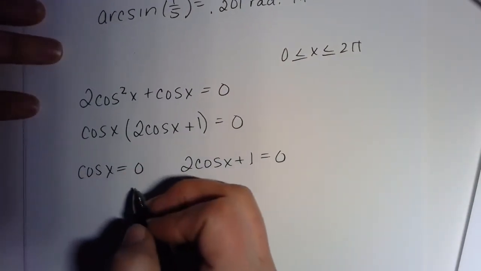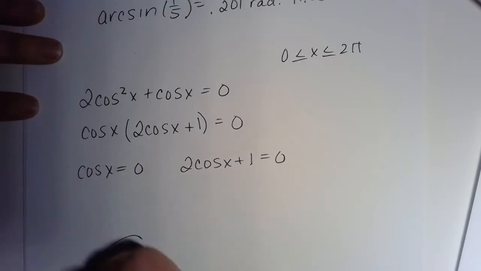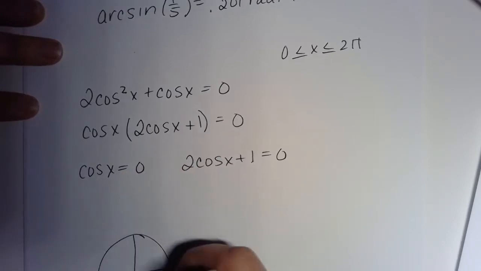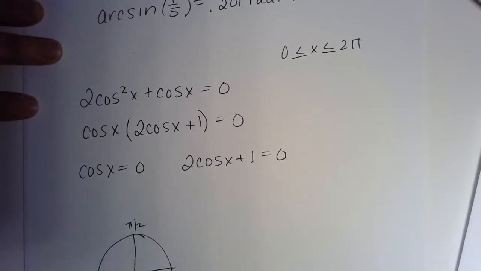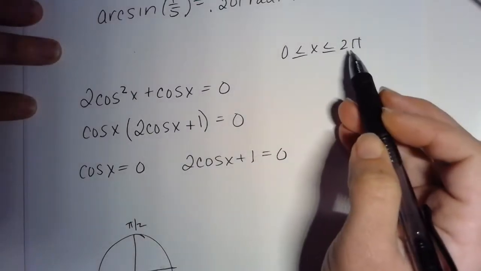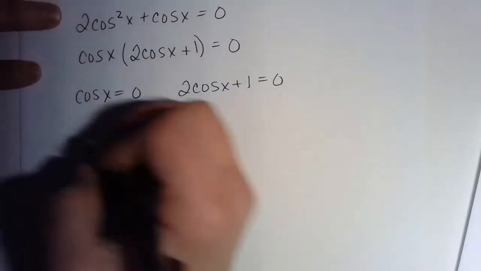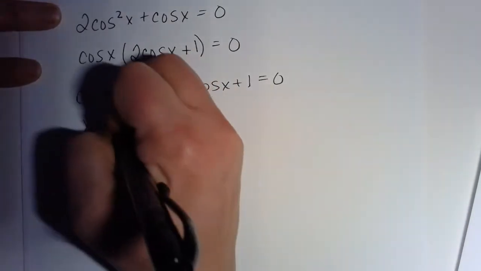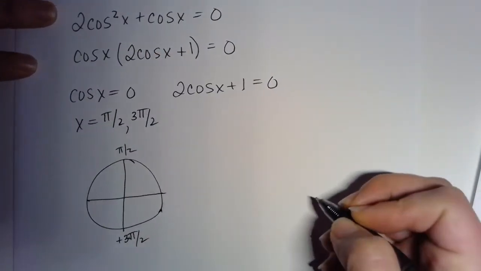So the cosine of x is 0 here, which is at pi over 2, and here, which is at positive 3 pi over 2. I could say that this is negative pi over 2, but that's not in my interval. I'm only going from 0 to 2 pi. So this one gives me x equals pi over 2, and 3 pi over 2 as well.